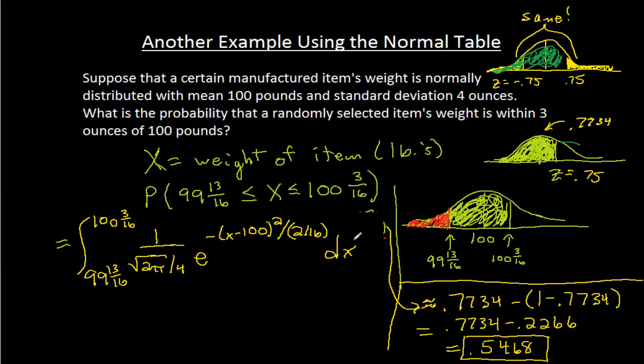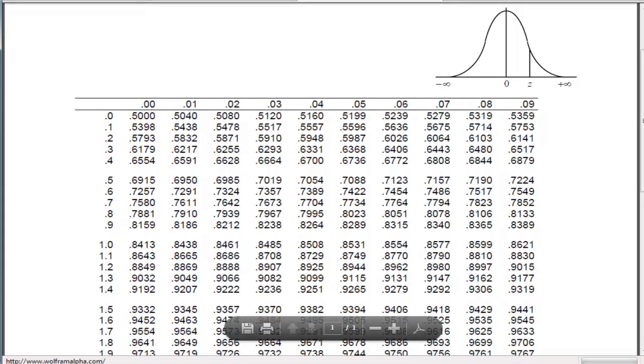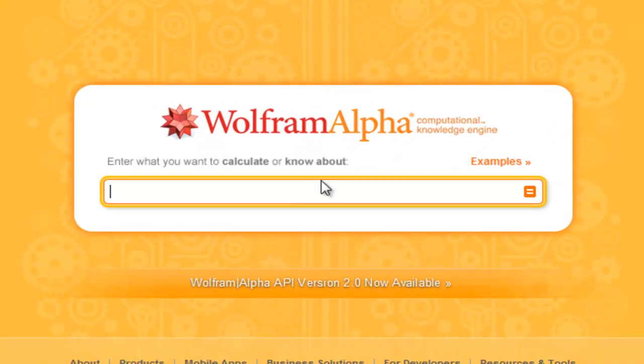Let me pull up Wolfram Alpha here, and we will integrate that using its approximation for a definite integral. So we're going to integrate 1 divided by the square root of 2 pi divided by 4 times e to the power of negative x minus 100 squared divided by 2 divided by 16.